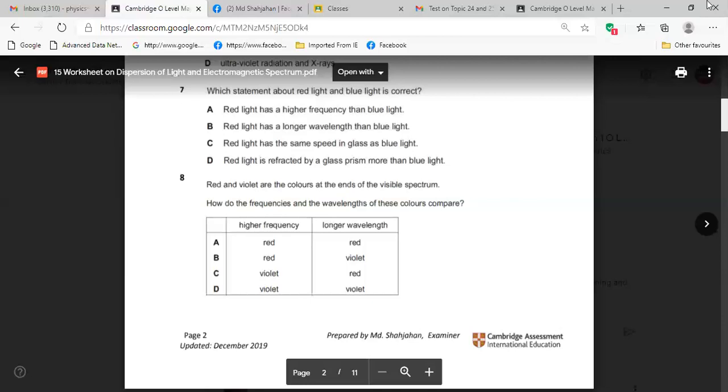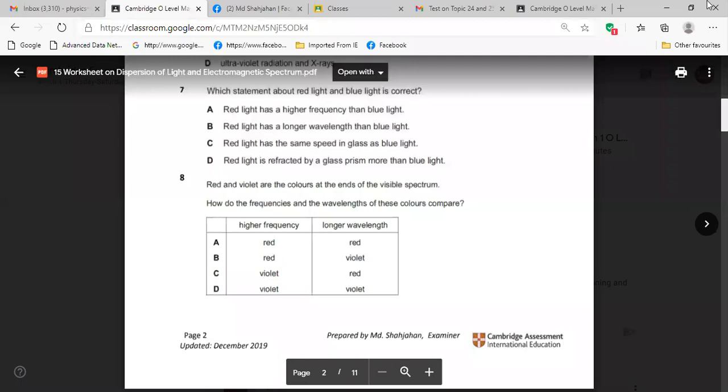If you take the first letters of these color names, then you get one name, that is called VIBGYOR. Did you get what I said? Yes, sir.